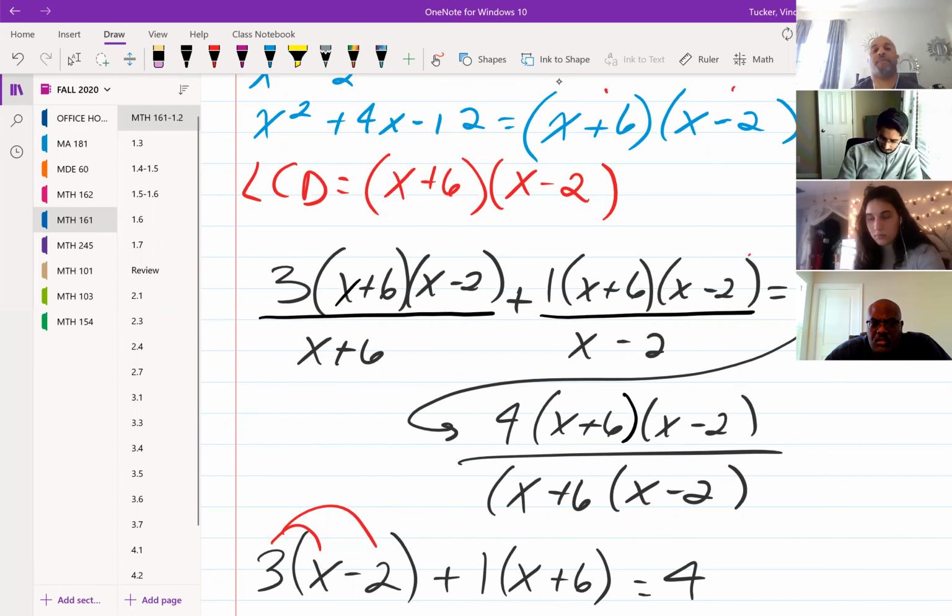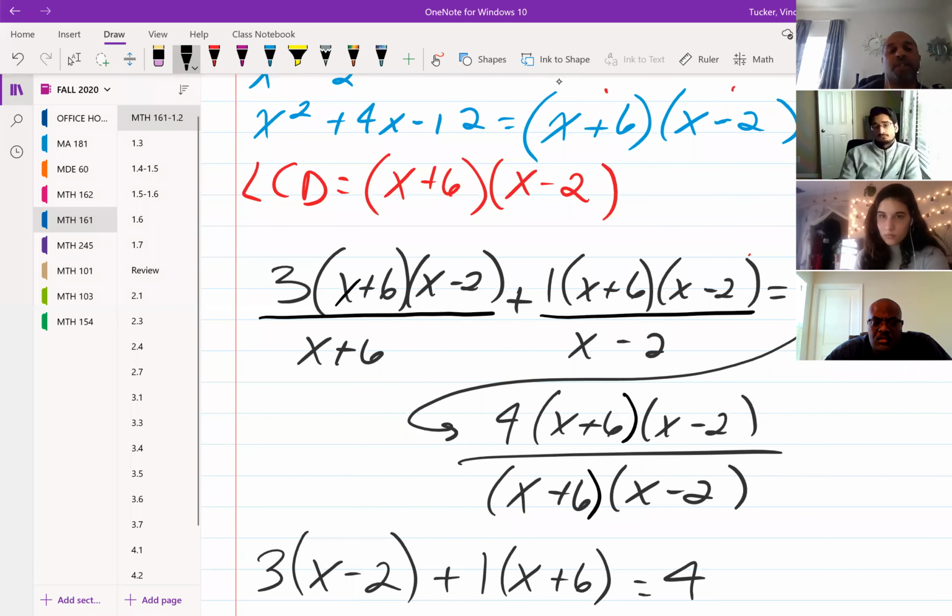So I multiply each numerator by x plus 6 times x minus 2. So we have 3 times x plus 6, x minus 2, 1 times x plus 6, x minus 2, and then 4 times x plus 6, x minus 2. Did not change the denominator in either case.